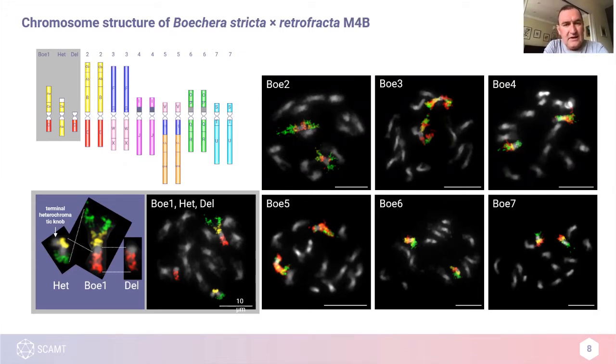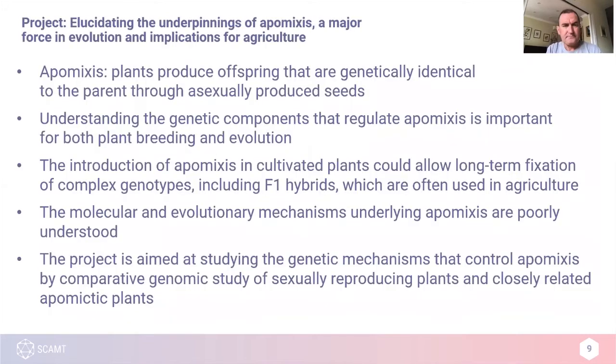In the study, we use FISH, fluorescence in situ hybridization, and GISH, genomic in situ hybridization, to see where these particular genes are located. So here you see two genomes of ancestral lines in their progeny in a hybrid line, in different colors, yellow and green. And next one, please.